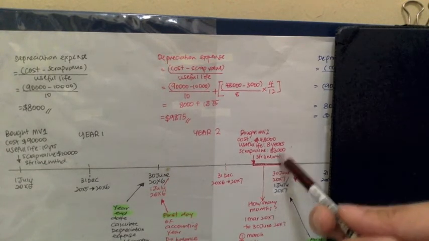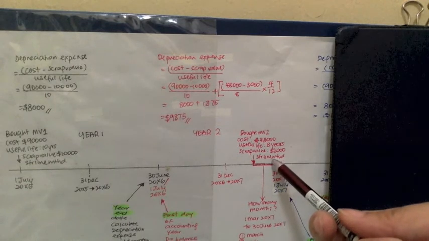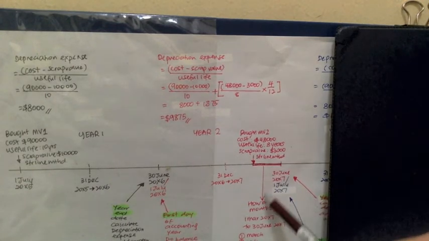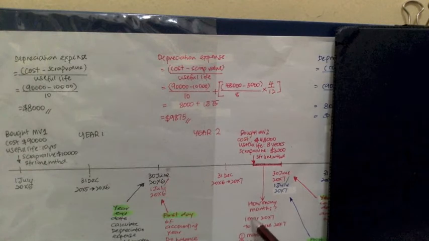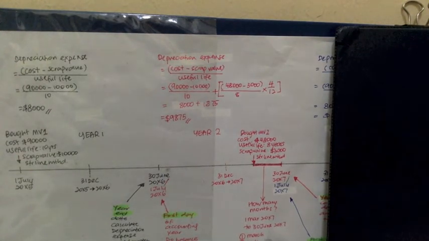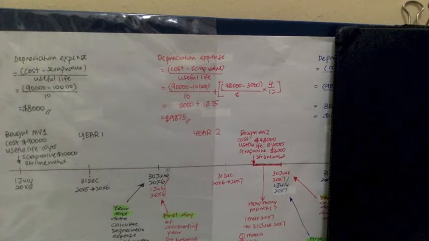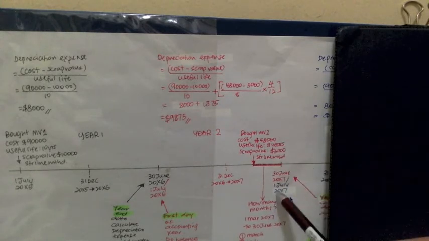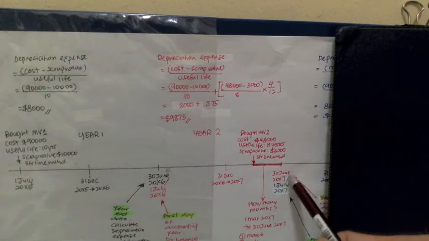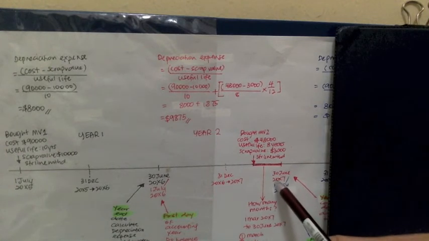How to count its depreciation is we have to prorate it. From 1st March to 30th June 2007, it's March, April, May, June, which is 4 months. There's no policy saying that there's a full year depreciation, so we need to prorate. So how do we calculate the depreciation at 30th June 2007?